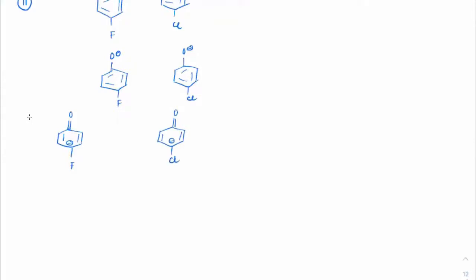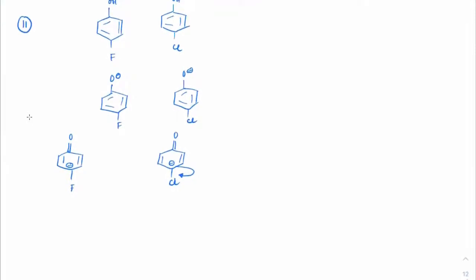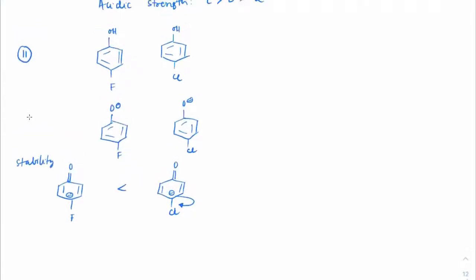Now between these two, with chlorine, it can have back bonding. Basically, it will have a d orbital resonance that will stabilize the carbanion more than just the inductive effect of fluorine. Got it? So stability-wise, this would be more stable. Since this is more stable, the acidic character would be more for chlorine.